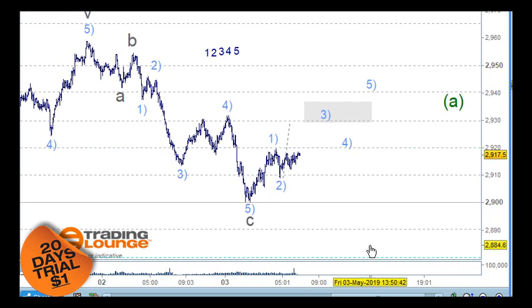But all we could guarantee so far is that if this is 5 waves down here, then there'll be an A and a B and a C back up here, then another 5 down. So if this 2920 becomes the retested resistance, then the length of this here would be roughly the same length as the next move down.